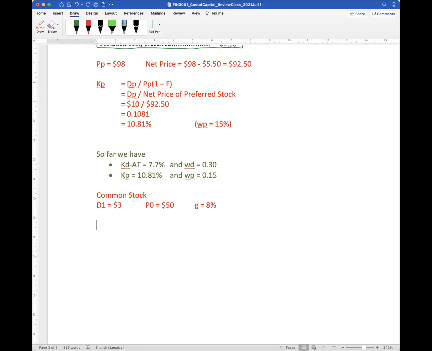The one without the CAPM, the dividend growth one, says cost of equity equals D1 over P0 plus the growth rate.